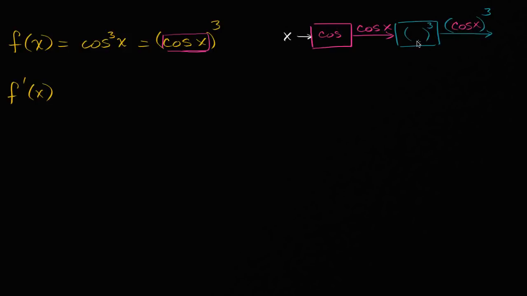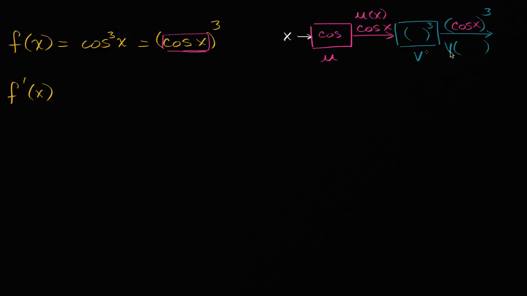This is a composite function. You could view this as the function, let's call this blue one the function v, and let's call this the function u. And so if we're taking x into u, this is u of x. And then if we're taking u of x as the input into the function v, then this output right over here is going to be v of, well, what was inputted?